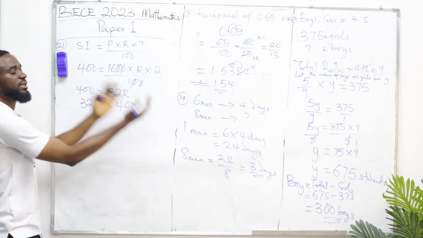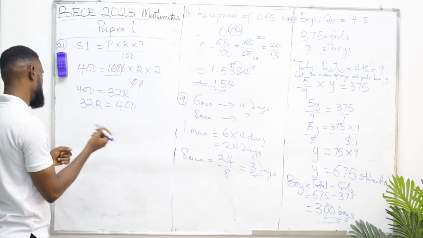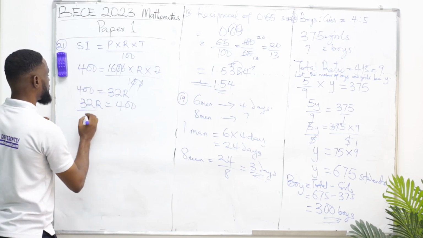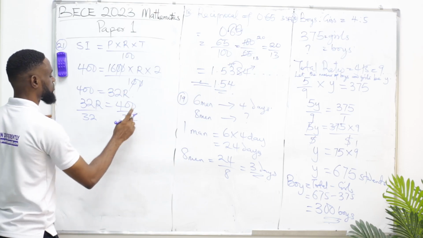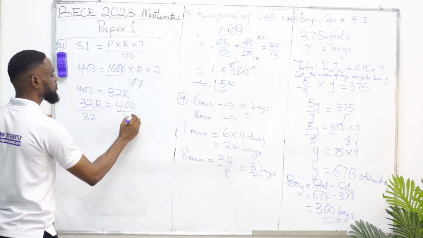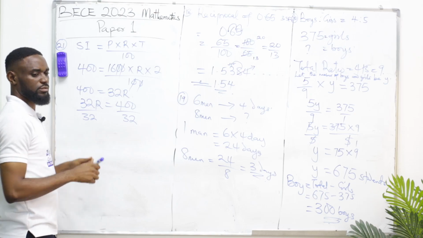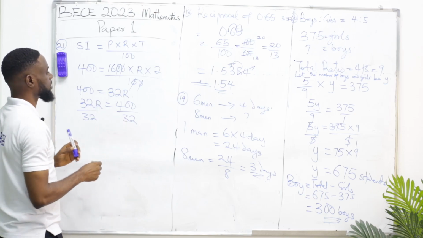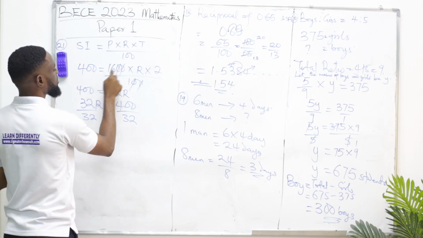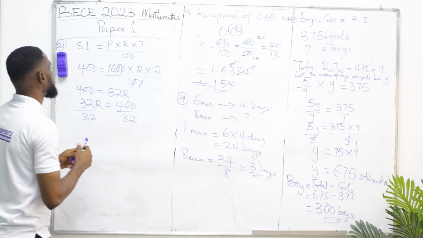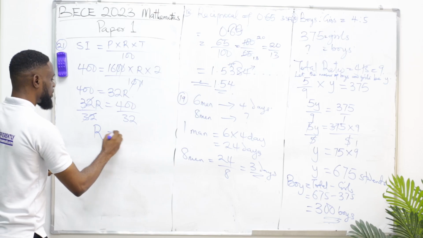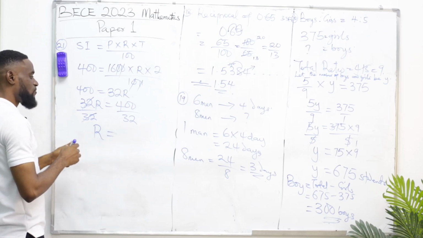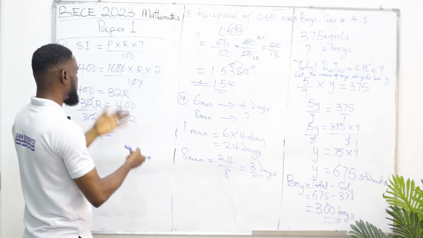I just interchanged, it's still the same thing. So we divide both sides by 32. I believe we are right? Okay. This 16 times this 32. All right, so let's go. So this removes this. So rate will now be equal to 400 divided by 32.